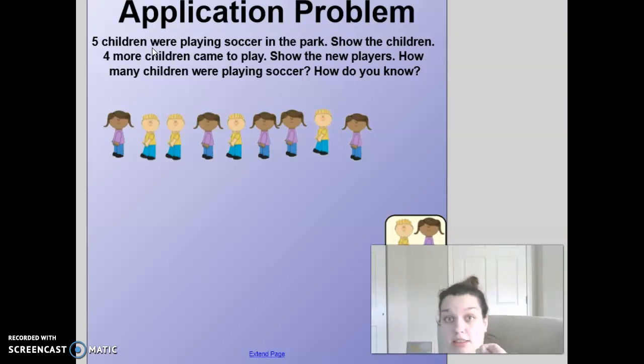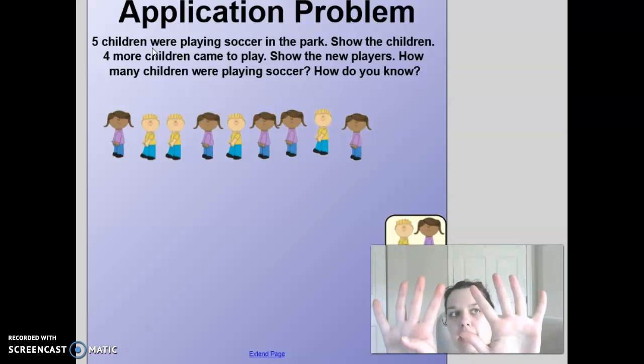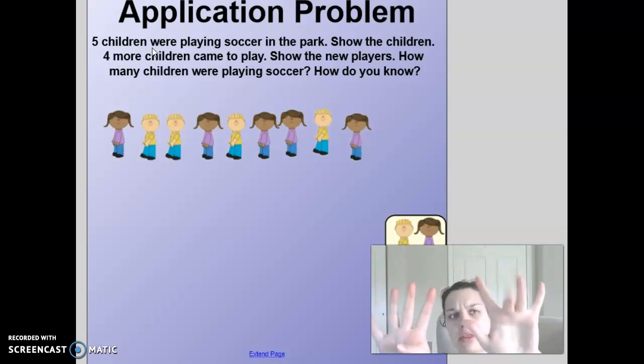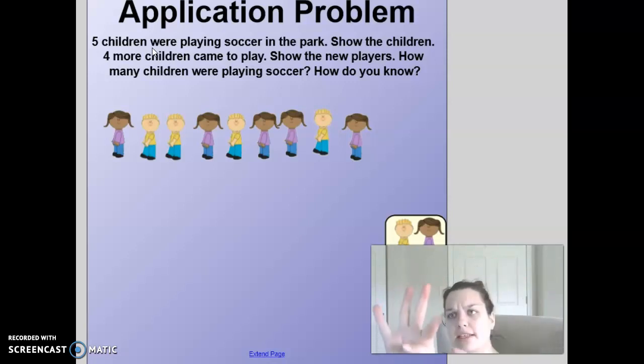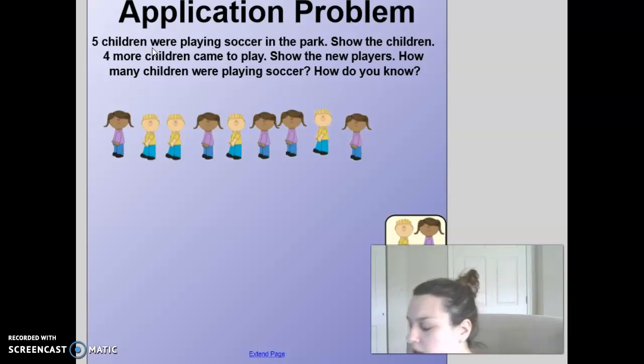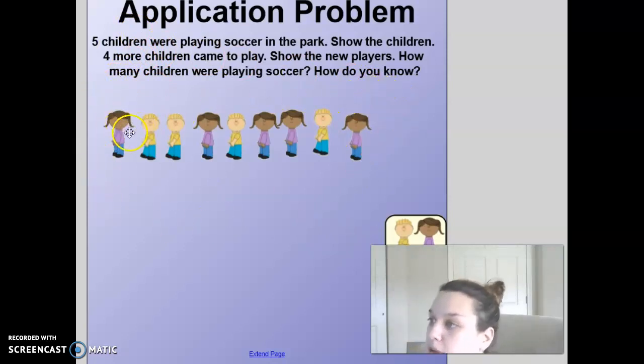We could use our hands. That's our first way. We could do 5 and 4 and then count them. 1, 2, 3, 4, 5, 6, 7, 8, 9. Okay, so that's one way. So we think there's 9. We could also count the people on our picture. 1, 2, 3, 4, 5, 6, 7, 8, 9.